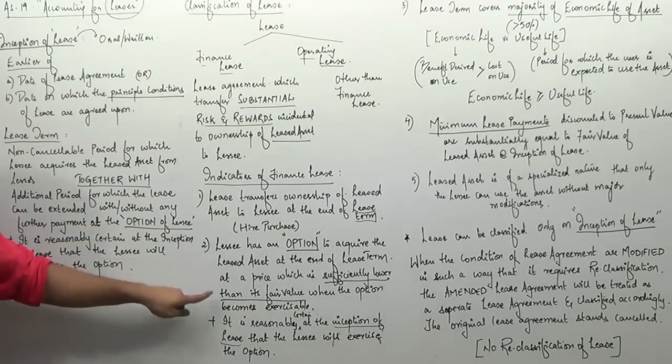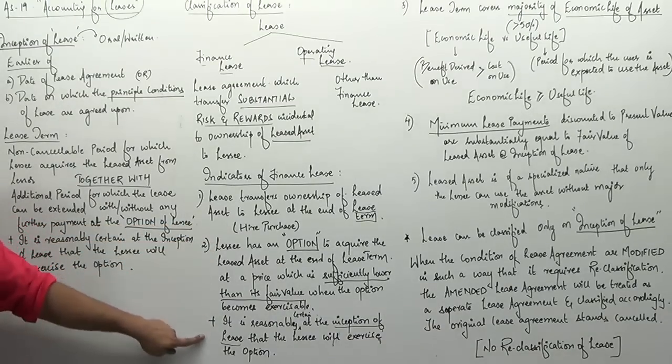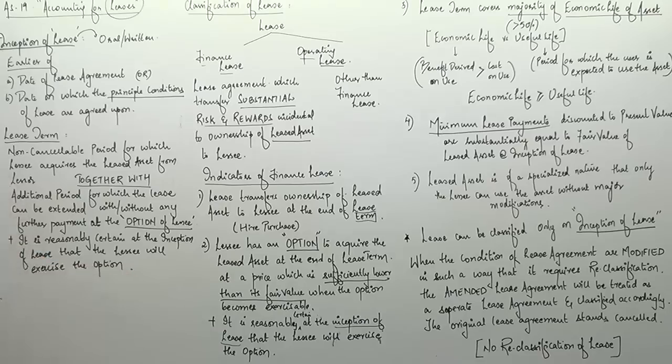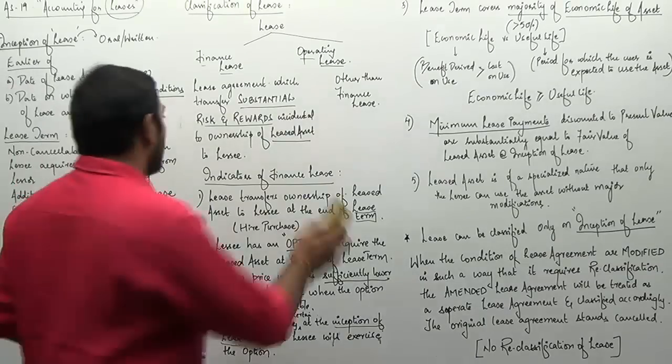Whenever we see this word option of lessee, we have already seen the additional condition: it is reasonably certain at the inception of the lease that the lessee will exercise the option. This will give me an understanding of what the lease term is all about.